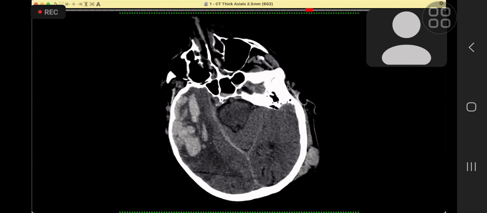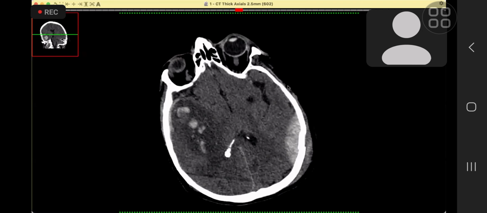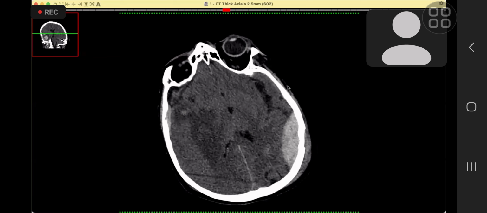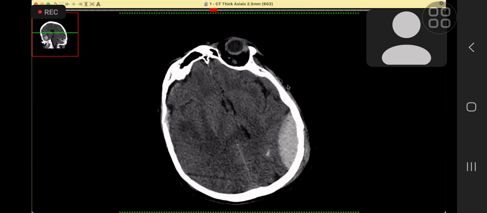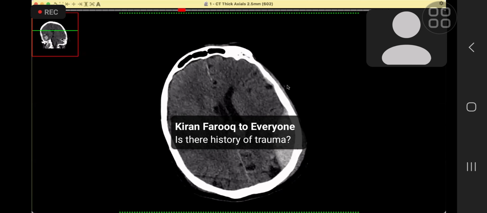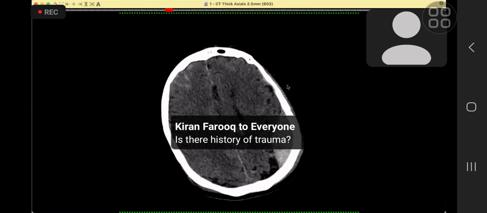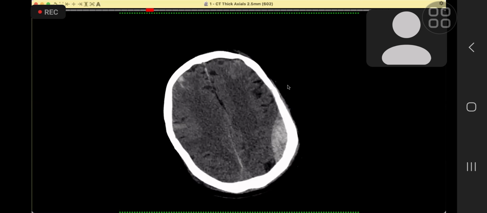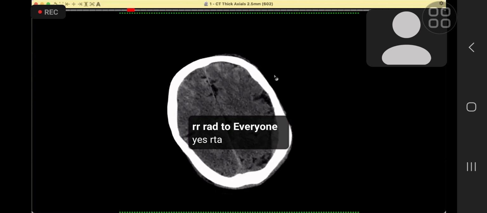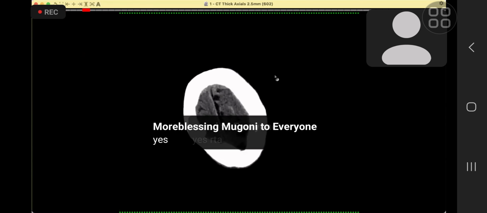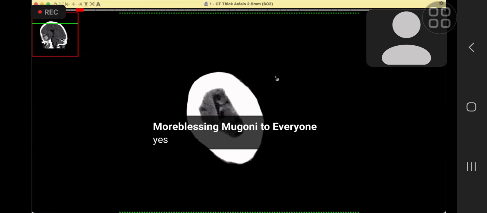In my routine practice, I would review all the other available projections to look for any other areas of hemorrhage. There's also some parathalamic hemorrhage at the level of the lateral ventricles as well. In addition to multifocal peripheral areas of hemorrhage suggestive of contusions, there's no hydrocephalus.